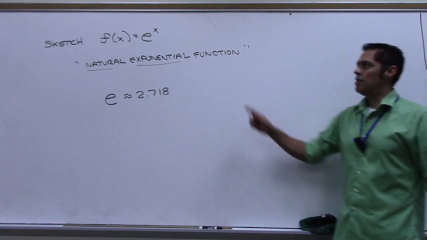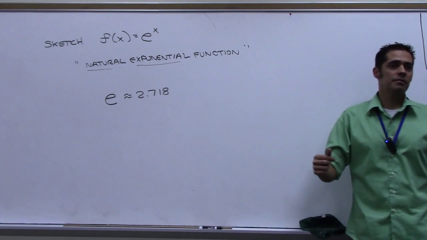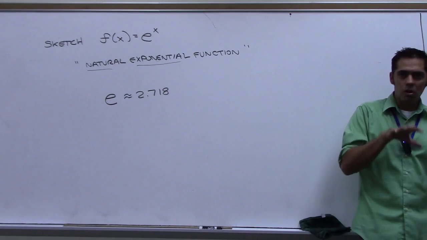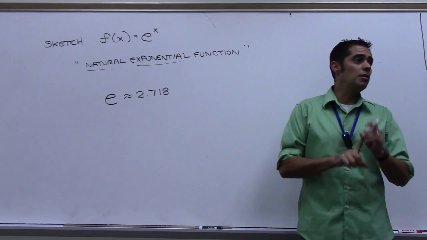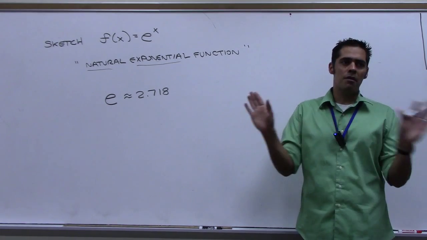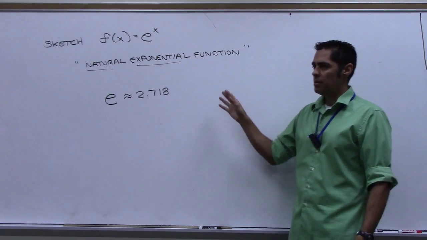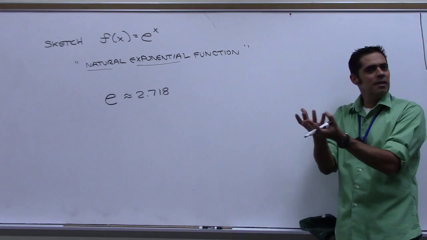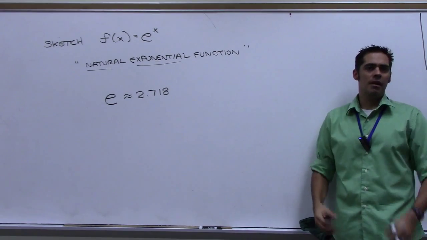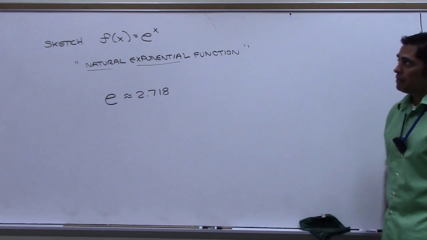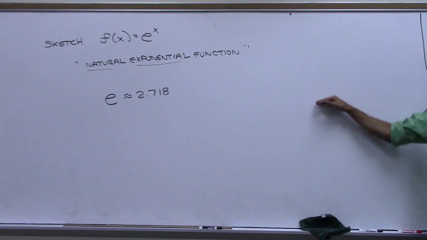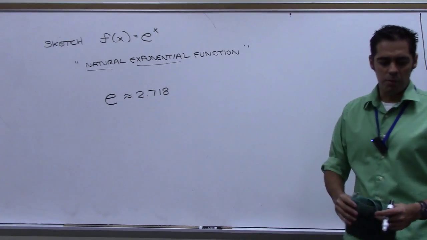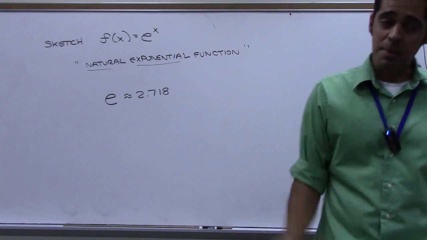This is the function that behaves the way that we need it to behave. That's about it. It's the only one that behaves that way. No other function out there behaves the way this one does. And so it just somehow naturally is the one, right? It grows a certain way that we like. How fast it grows is just what we wanted. That's about all I can tell you.